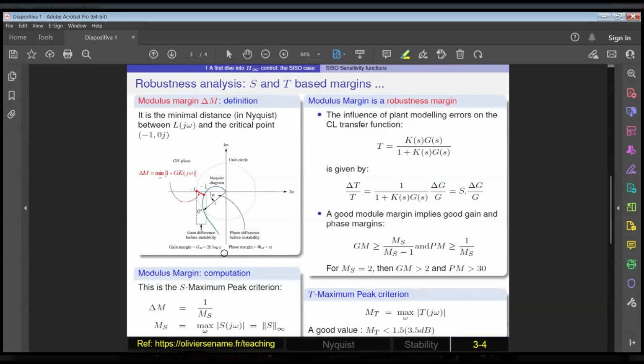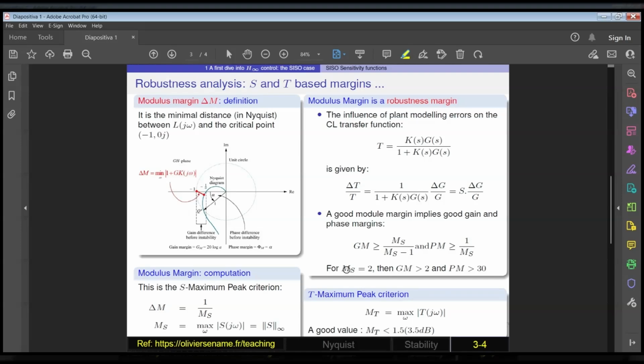To guarantee good gain and phase margins, we introduce another measure called the modulus margin. The modulus margin is directly related to the maximum peak of the sensitivity function. A common engineering rule is that the maximum sensitivity should remain below 2. In dB, this corresponds to approximately 6 dB.